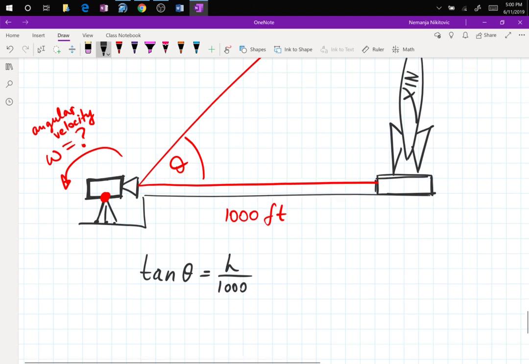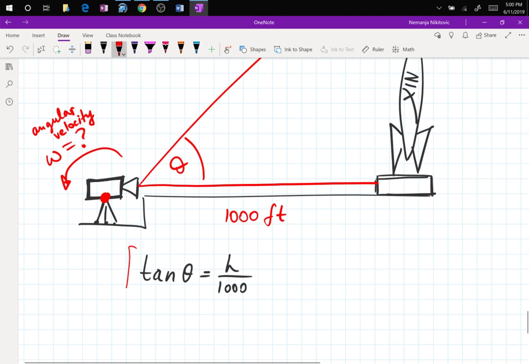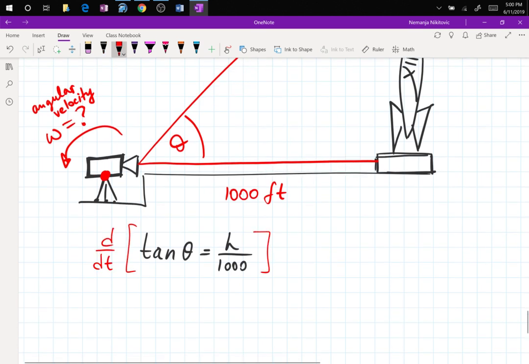Good. Then we differentiate this formula with respect to time. Clearly, theta is changing and the height of the rocket is changing. So when I take the derivative, what's the derivative of tangent? Secant squared.